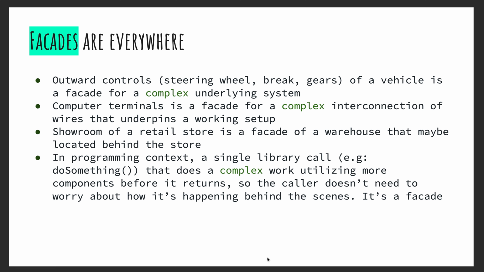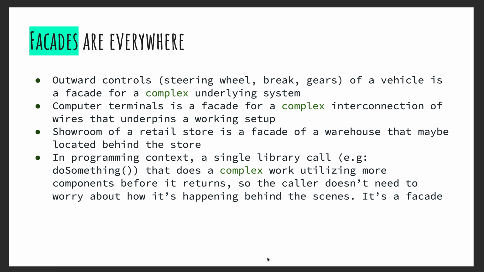A similar example can be drawn out of computer terminals. Computer terminals have keyboards, touchpads, mouse. Those are a facade for a complex interconnection of wires that underpins a working computer setup. We can even take an example of a retail store as a facade.